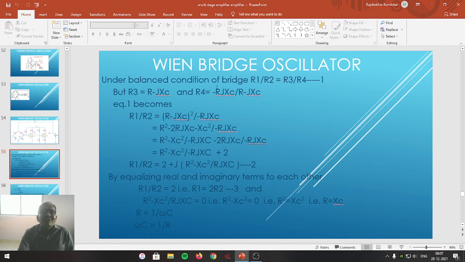Putting the values of R3 and R4 in equation number 1, we get R1 upon R2 equal to R minus jXc upon minus RjXc upon R minus jXc. The denominator will go to the numerator. So we get R1 upon R2 equal to (R minus jXc) whole squared upon minus RjXc.